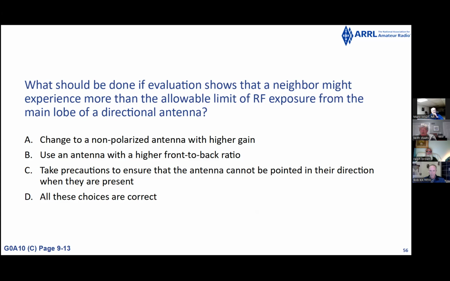So let's say you're at 50 feet. It's going to be directional, but it's unlikely to be pointed directly at anyone, unless somebody is in a high rise.